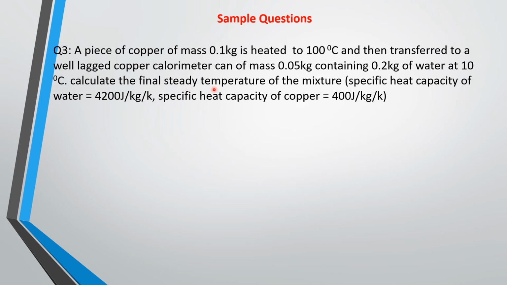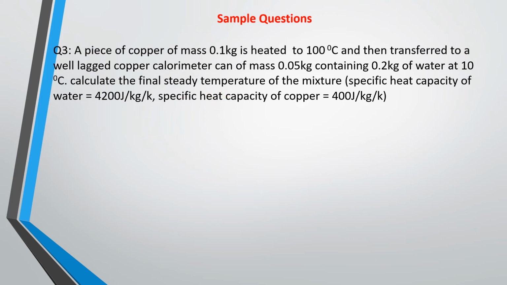Calculate the final steady temperature of the mixture. You are given the specific heat capacity of copper to be 400 joule per kg K. That of water is 4,200 joule per kg K. So these are the variables that you are given.